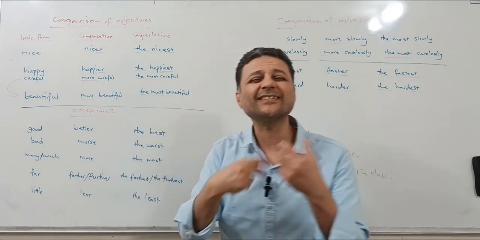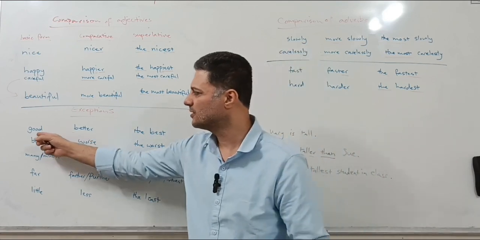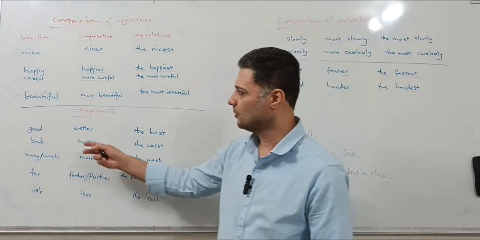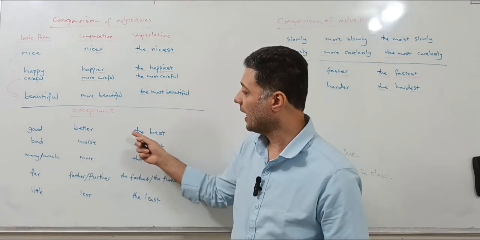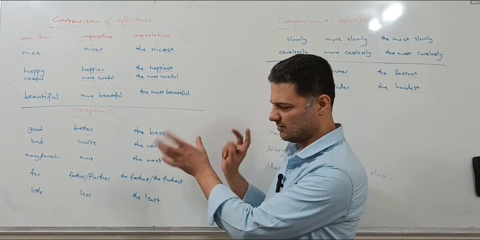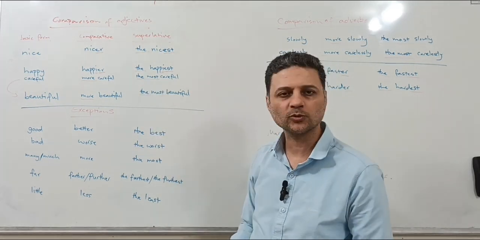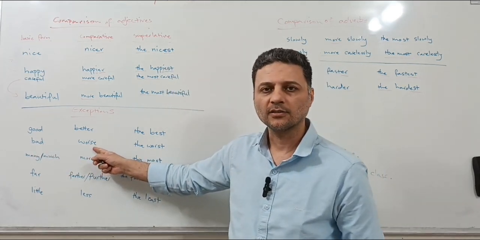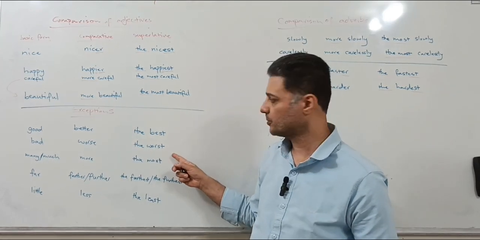But we have some irregular adjectives, as we generally call them exceptions, like good. You don't say gooder in English, right? So good becomes better, and the best. You see, the form is different from all of the rules above, okay? Bad becomes worse in comparative forms, and the worst in superlative forms.